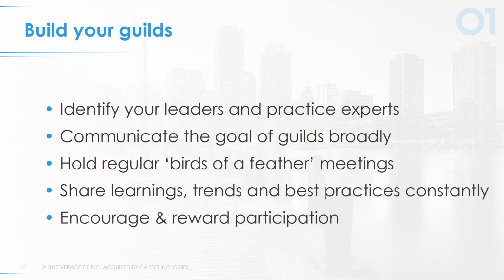Being able to help us set the right level of engagement, the right training, the right standards across the company, help us set that up and hold those birds of a feather type meetings where we get together and talk about the problems that we're having and solutions that other people may have, and really drive that through the company. So that's one of the places where you might use those experts.